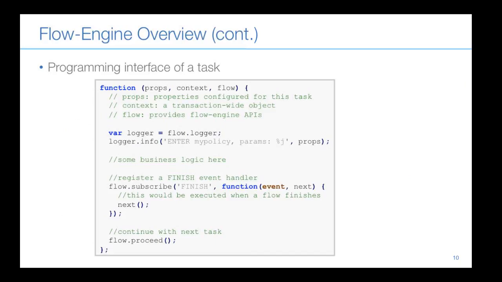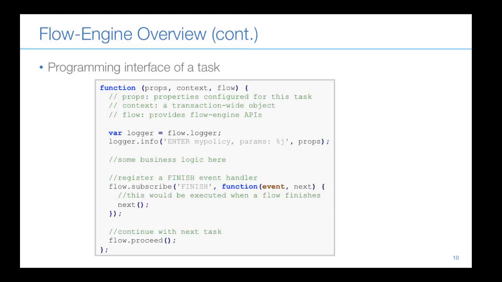Okay, so as I introduced earlier on, all this implementation on the micro gateway is JavaScript based. If you want to write a policy that can be run on the micro gateway and the flow engine component, this is the function that you need to implement. You define the function, and the function takes three parameters: properties, context, and flow.